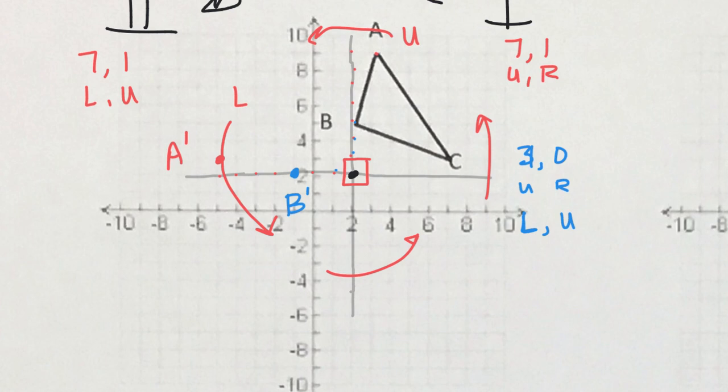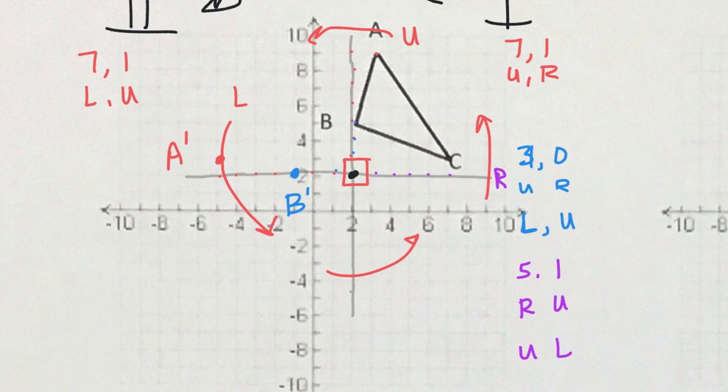So point C is 1, 2, 3, 4, 5. 5 to the right and 1 unit up. So when we do our 90-degree rotation, the right goes in what direction? The right changes to up, and the up changes to left.